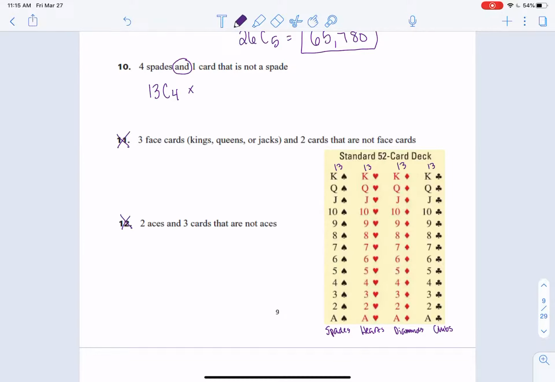Okay, well, how many cards are not a spade, right? So 13 of them are a spade. So there's 52 cards total minus 13. So that means 39 of our cards are not a spade. Okay, and in our calculator, if you go ahead and try that out, you should get 27,885.